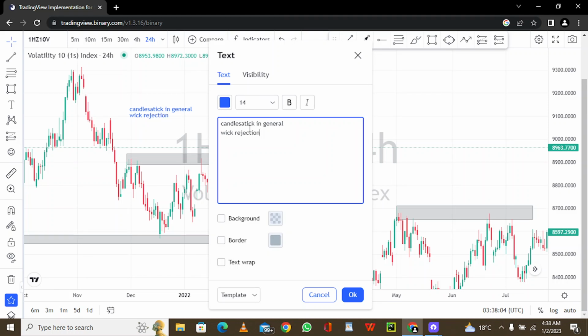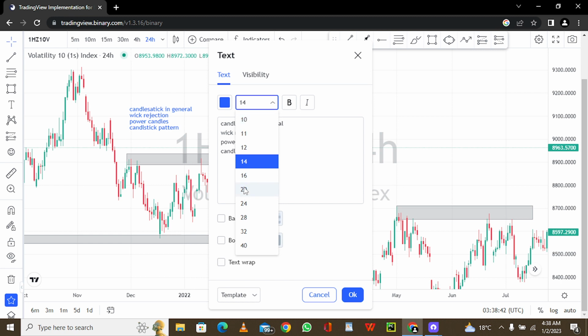Then we look at power candles, and finally we're going to look at candlestick patterns. So these are the concepts we are going to cover in this video.